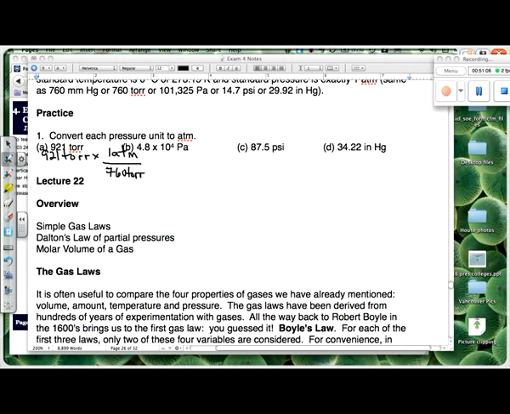Okay, so that's how we're going to work each one of these. We're going to take the relationship that's given right up here in the notes, and we're going to just do some conversions. So 921 divided by 760, and that is 1.21 atmospheres, A.